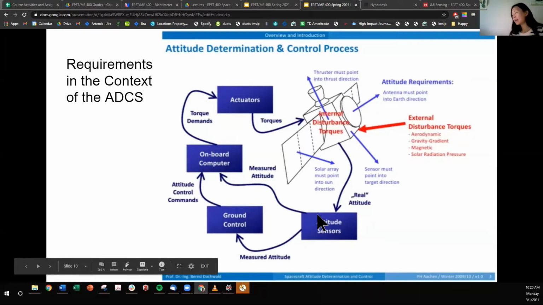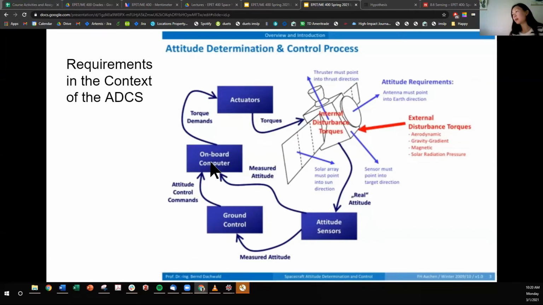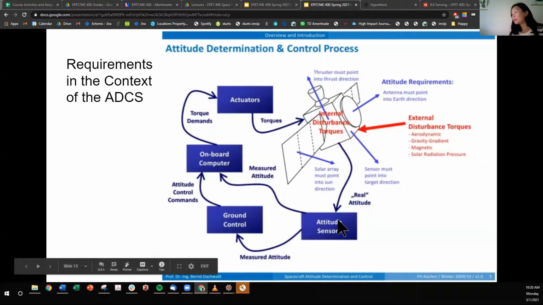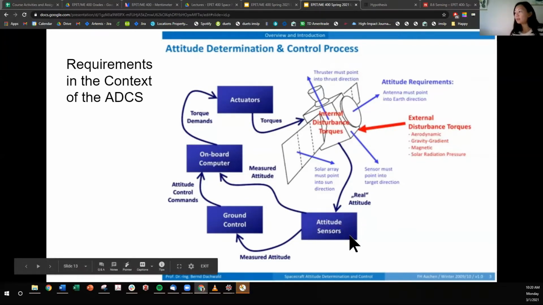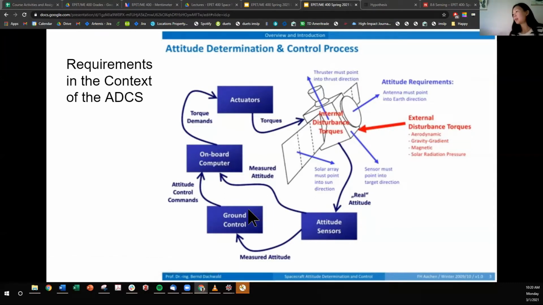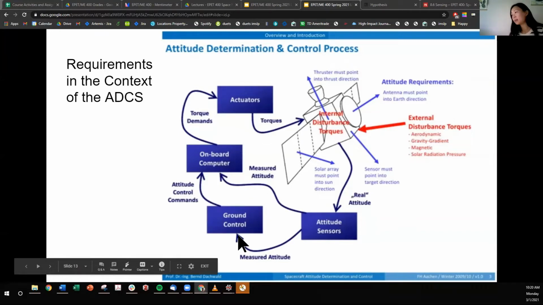It will pass measurements of attitude either directly to an onboard computer, which will come up with algorithms to estimate attitude and control actuators, or another architecture is to send your attitude measurements to ground control, and there, on ground, the attitude will be estimated and attitude control commands could be generated here on ground and sent to an onboard computer.